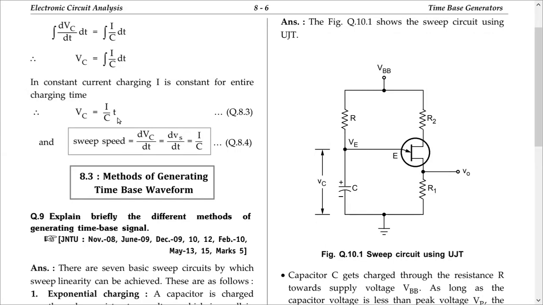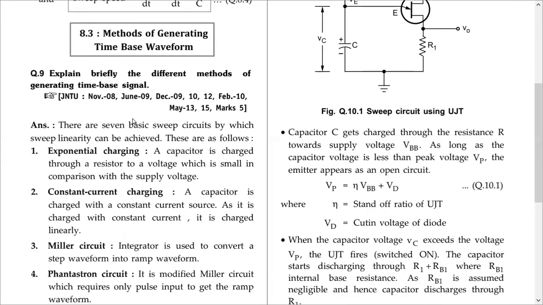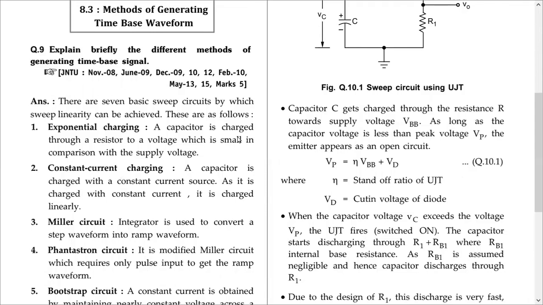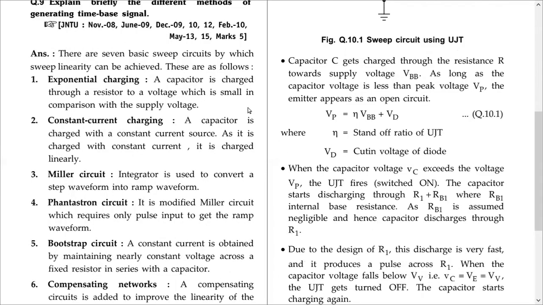Differentiating with respect to t gives the sweep speed I by C: d by dt of I by C into t. I by C is a constant, you can pull it out, dt by dt is 1, so you simply get I by C. So by using constant current, we can achieve improved linearity.